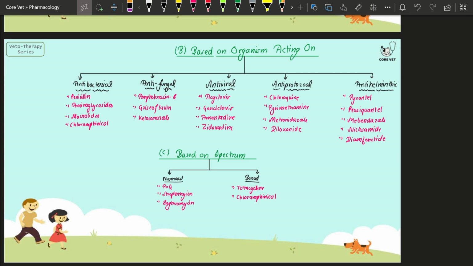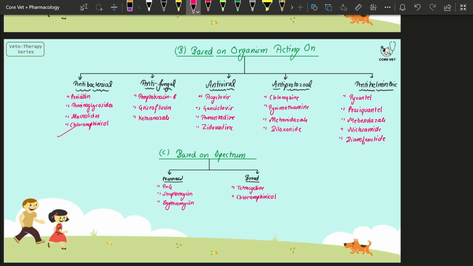Moving forward, based on the organism acted on, we know the microbes are of several categories. It may be bacteria, a fungus, a virus, a protozoa, or a helminth, right? The drugs that affect bacterial growth or kill the bacteria may be penicillin, the aminoglycosides, the macrolides, and chloramphenicol.